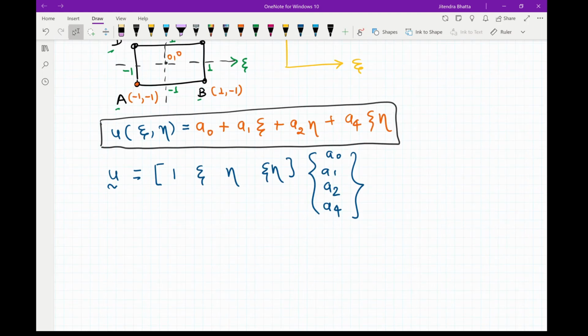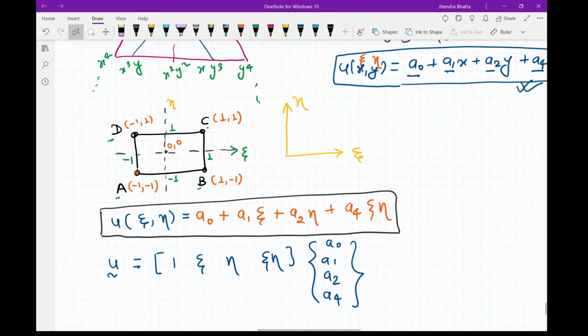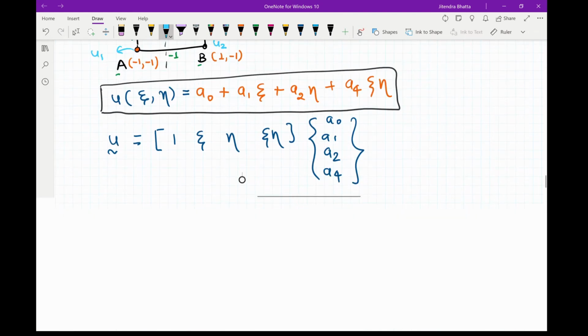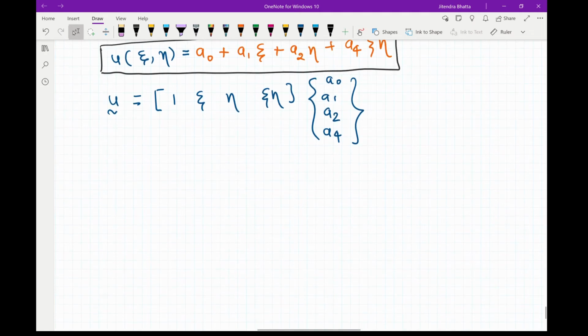You will have your u. Now let's say your solutions at these points are u1, u2, u3 and u4. Then we apply the boundary conditions.